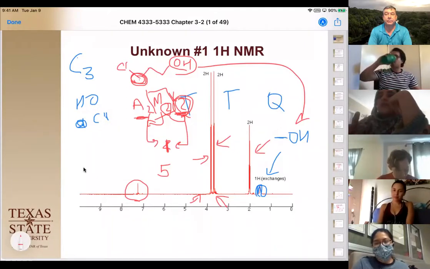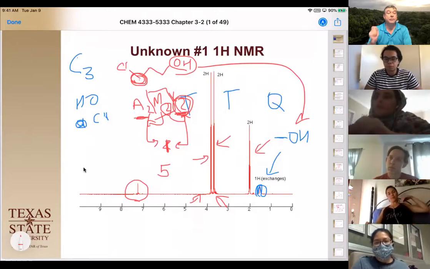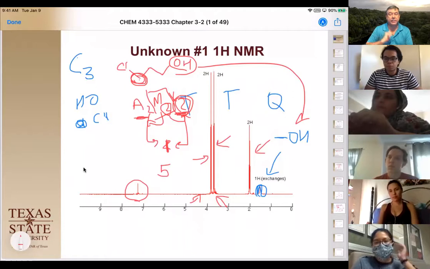The exchange hydrogen, is that because of the intermediate exchange or the slow exchange? That's because it's a fast exchange. Chloroform typically has a little bit of residual acid in it, and residual acid makes a fast exchange. So it should be a small peak, not a big peak.